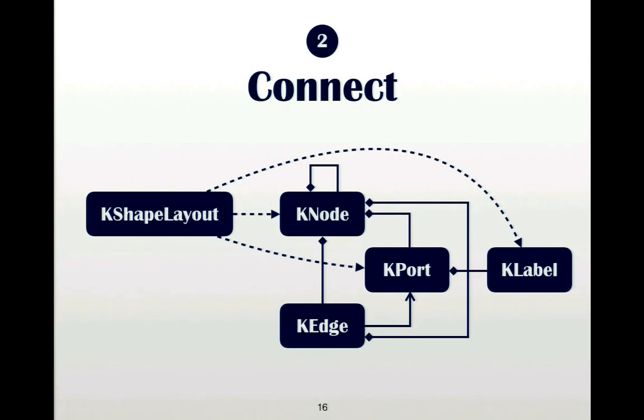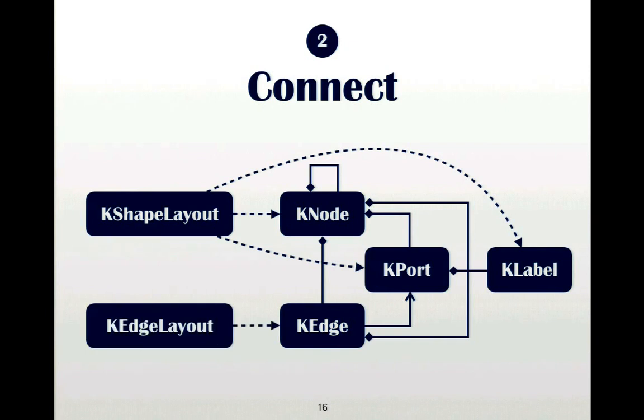And that's what the K-shape layout is for. We can augment each of those things by a K-shape layout, which contains an actual size for the element, for the node, or for the port, and an actual position. And an actual size and a position is not enough for edges to be represented properly, so we have a special K-edge layout for edges that contain bend points and stuff, which allows us to route edges around the diagram.